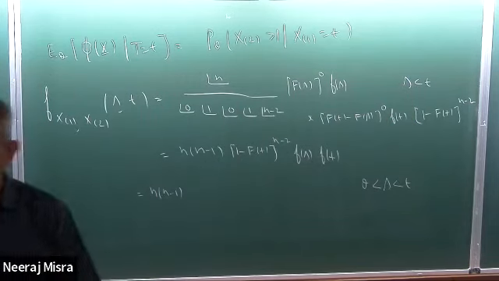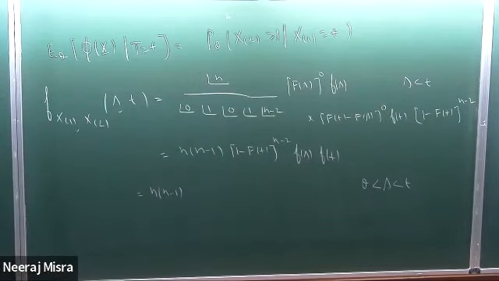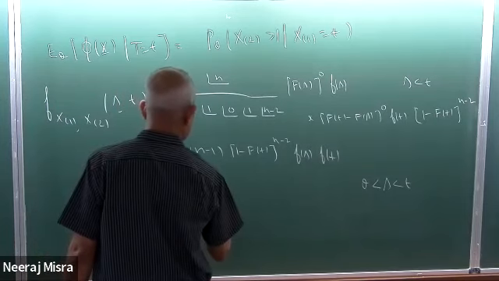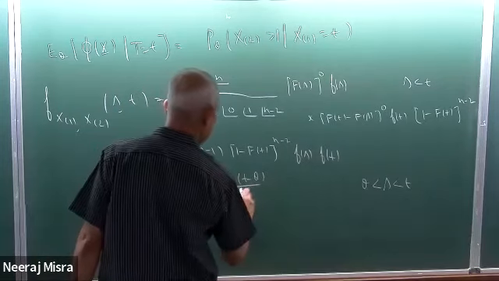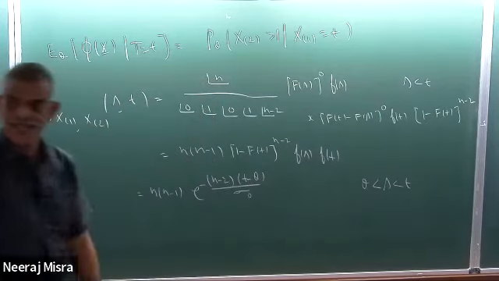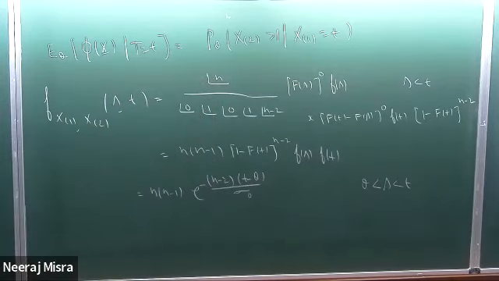What is 1 minus F(t)? It is exponential, right? E power minus t minus theta by sigma naught. So it is e to power minus n minus 2, t minus theta by sigma naught. Is that okay? Okay.